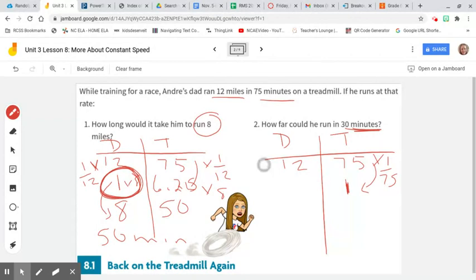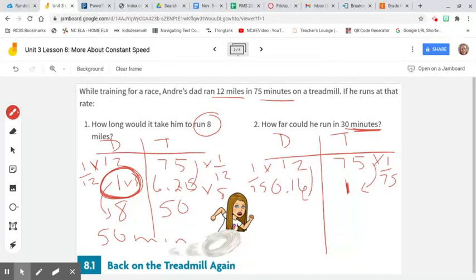So we have to multiply our 12 times 1/75 to get our answer that's going to go here. 12 times 1 is 12, so we have 12 divided by 75. Put that in the calculator, and you get 0.16.